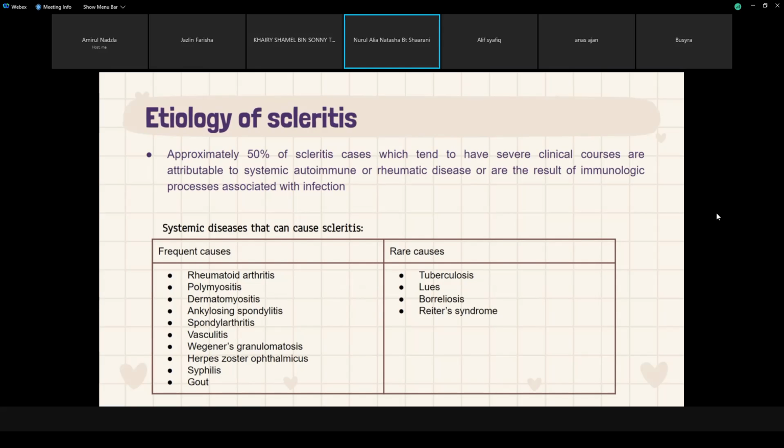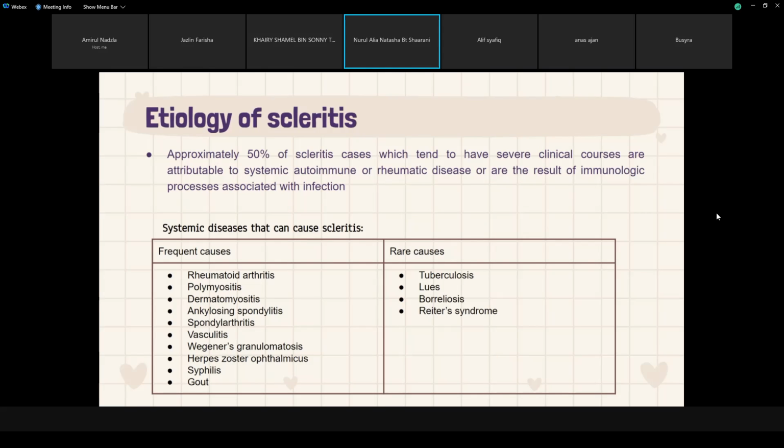So we move on to the etiology of the scleritis. Approximately 50% of the scleritis cases, which tend to have several clinical causes, are attributable to systemic autoimmune or rheumatic disease or are the result of immunologic processes associated with infection.